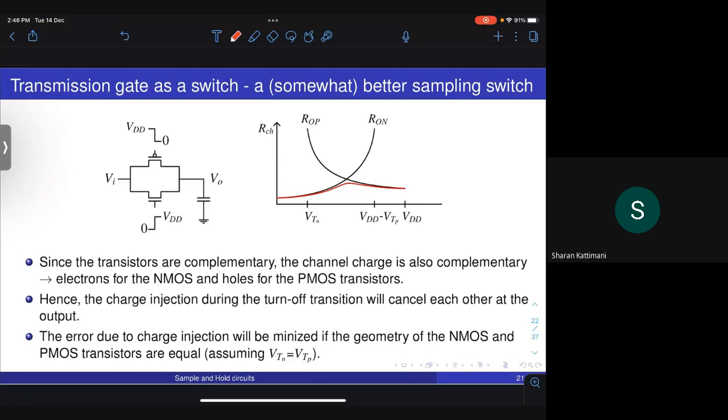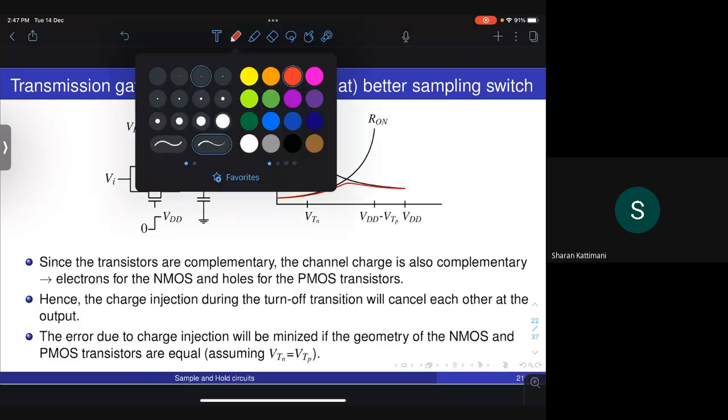If the transitions are well timed, then any charge injected into the output because of the channel turning off will cancel each other at the output. This also requires that both the transistors have the same area, right?